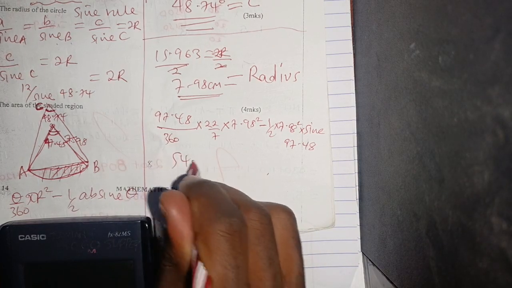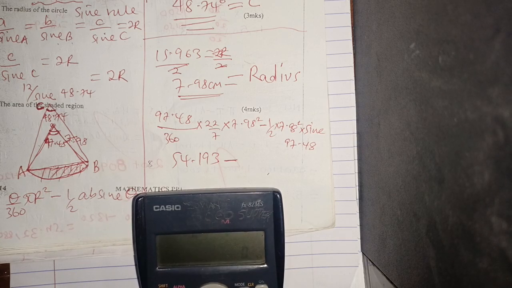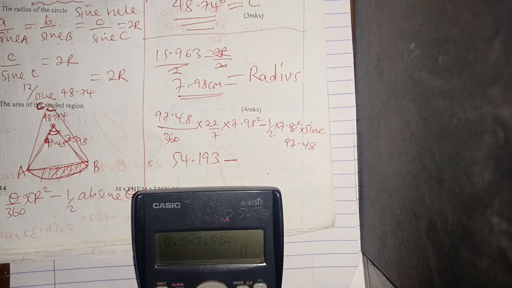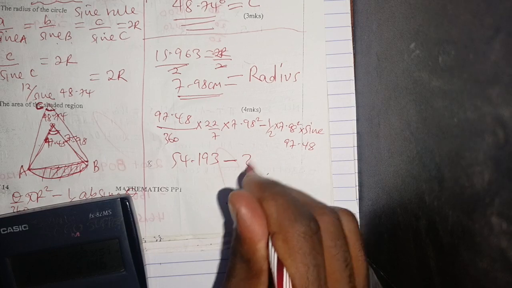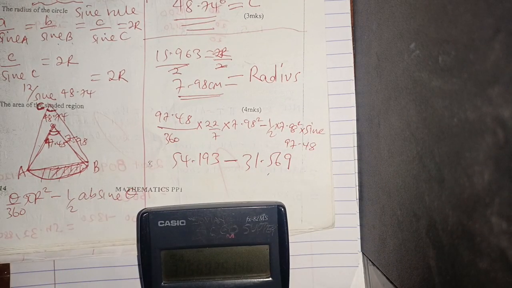So 54.193 less 0.5, which is the same as a half, times 7.98 squared times sine 97.48. That gives us 31.569. So just get the difference. 54.193 less 31.569 gives us 22.624.